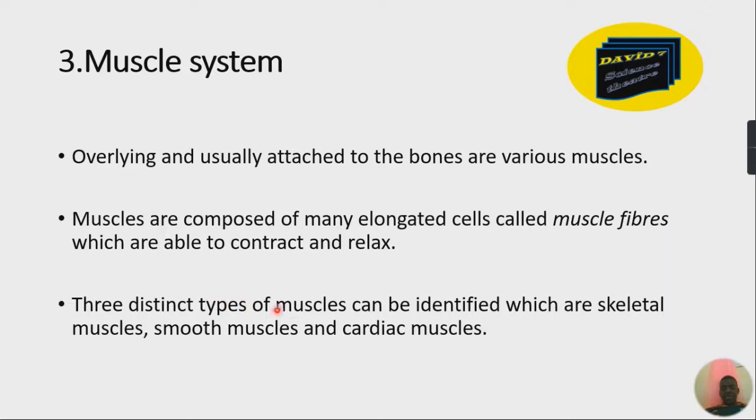There are 3 distinct types of muscles, which are skeletal muscles, smooth muscles, and cardiac muscles. So these 3 types are major components of the muscle system.